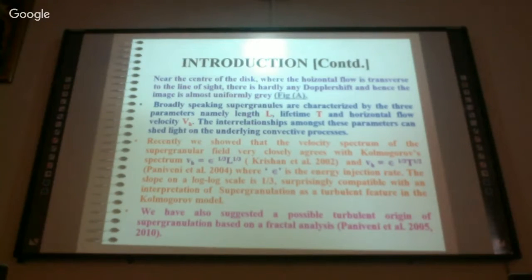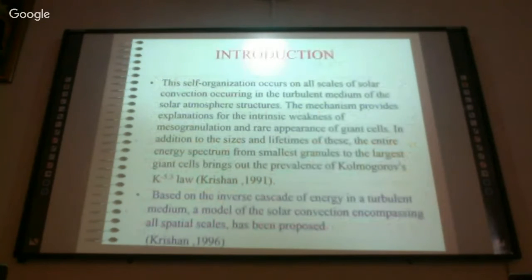We have also suggested a possible turbulent origin of supergranulation based on a fractal analysis. This is again our paper, the MNRAS paper and a Solar Physics paper, 2005 and 2010. So the self-organization occurs on all scales, and this mechanism probably provides the intrinsic weakness of mesogranulation and the rare appearance of the highest hierarchical scale of the giant granules.